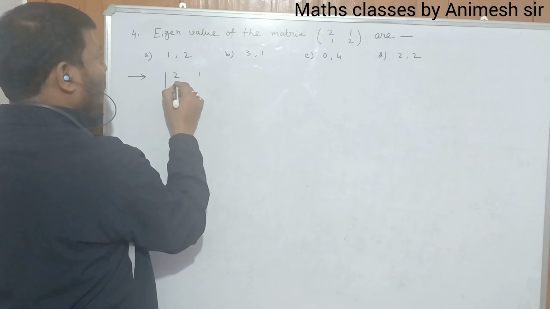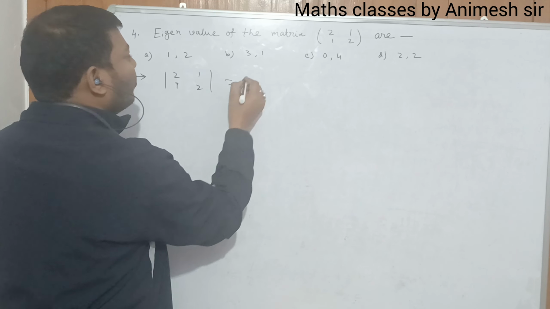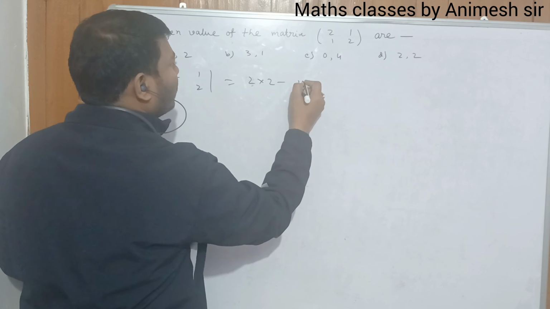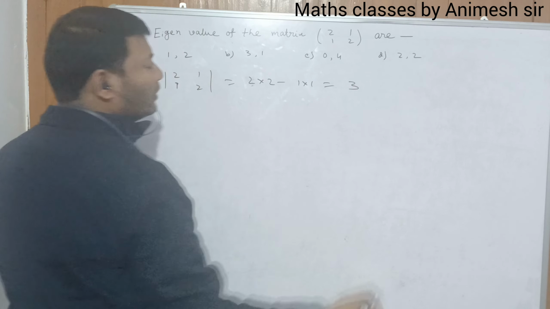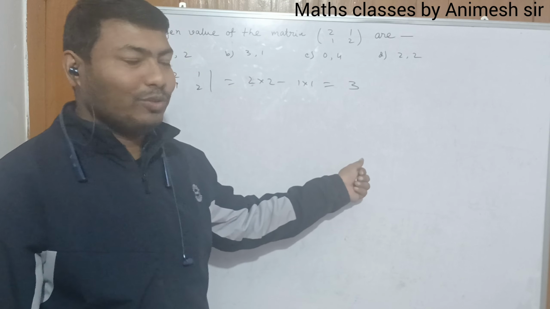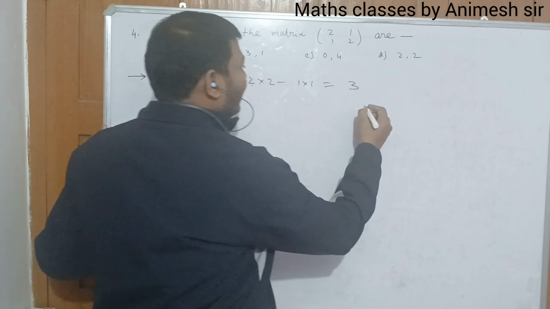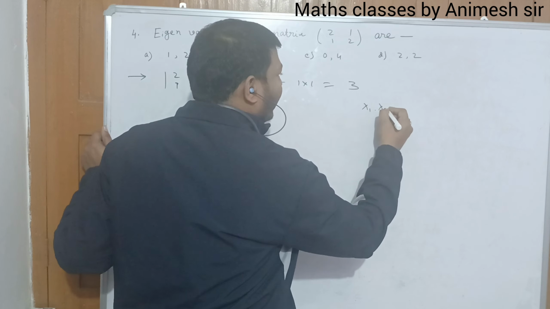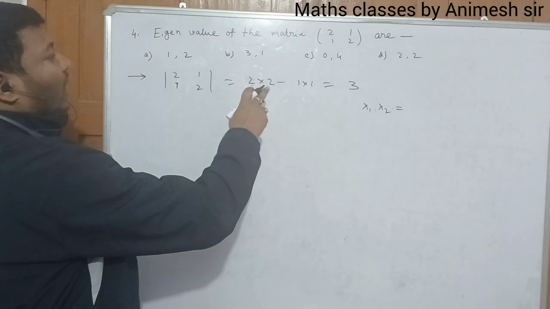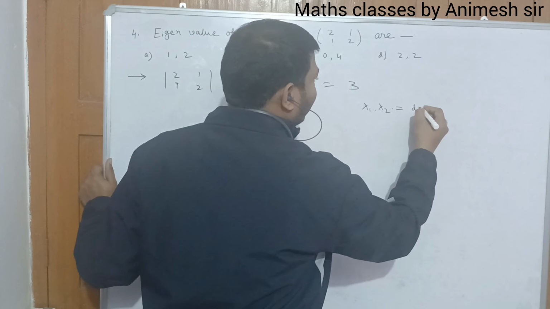The determinant of this will be 2 into 2 minus 1 into 1, that is 3. Now the product of the eigenvalues will be equal to the determinant of the matrix.